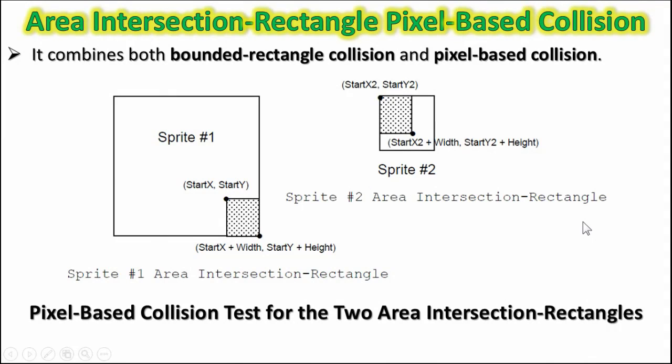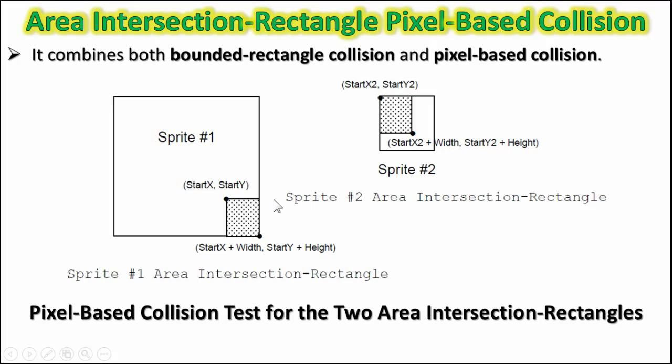Next, the area intersection rectangle pixel-based collision algorithm combines both bounded rectangle collision and pixel-based collision. The area of intersection of sprite number 1 will be scanned and tested for pixel-based collision against the area of intersection of sprite number 2.